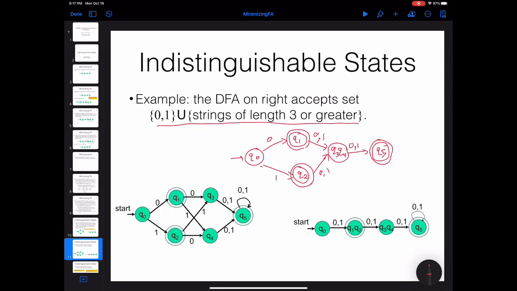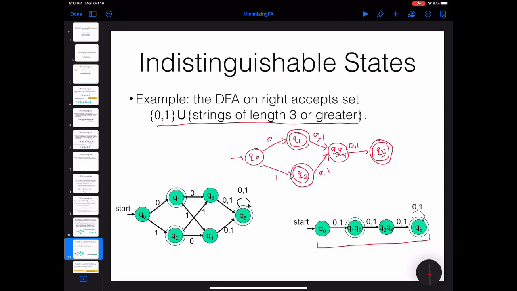Okay? So now in the new DFA that I have, it is clear that Q1 and Q2 are equivalent. They are both accepting states, and with the transition over 0, both of them are going to the same state. With transition over 1, both of them are going to the same state. So that's it. I can merge both of them, and the result is going to be this DFA.